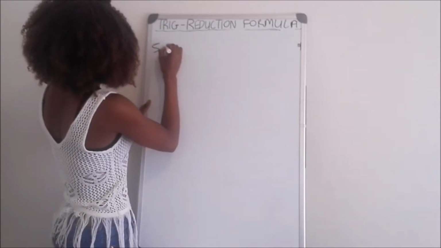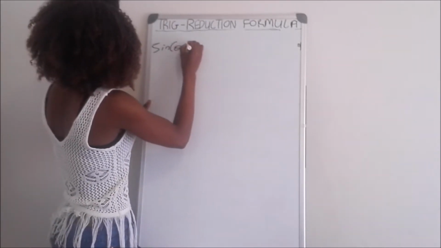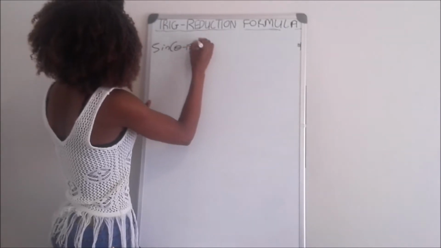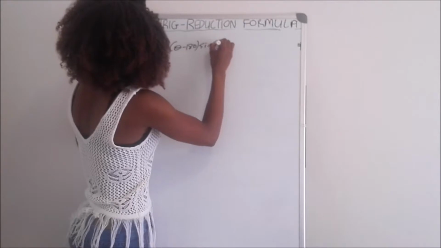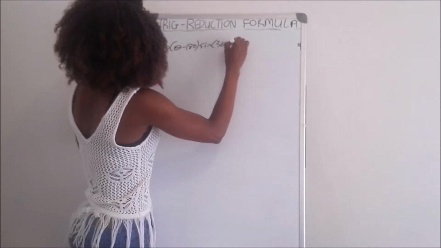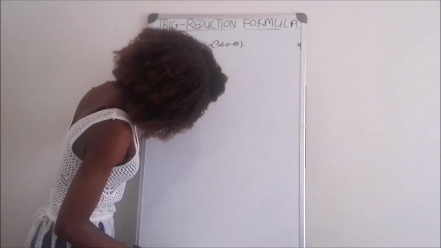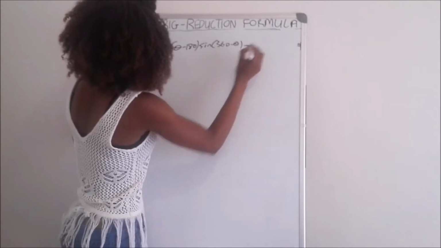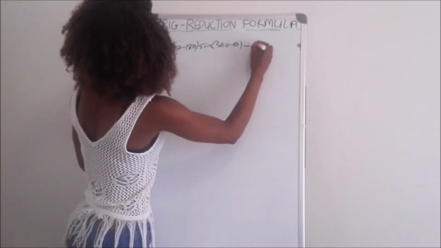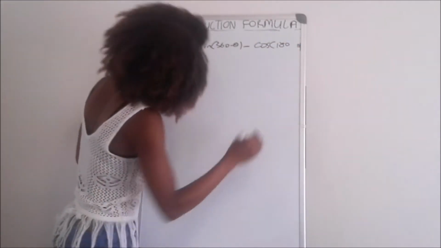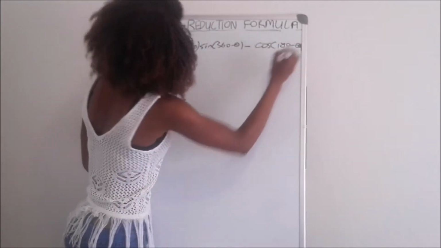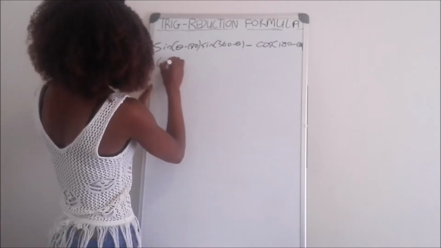This is sine theta minus 180, and we have sine 360 minus theta, and we have minus cos 180 minus theta, multiplied by cos 360 minus theta.